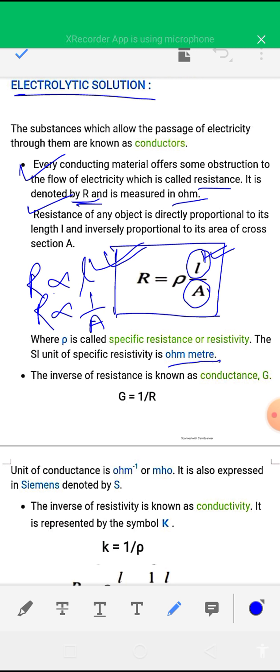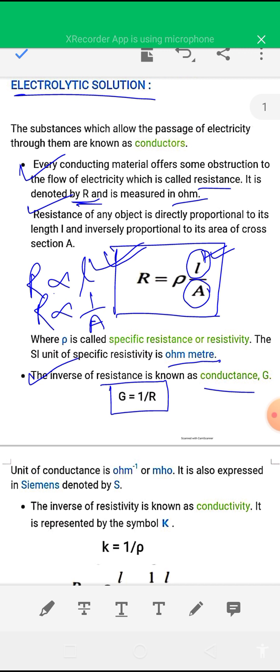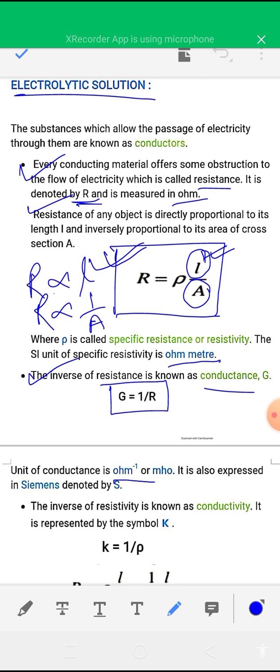Now see, what is conductance? The inverse of resistance is known as conductance. Conductance, denoted by capital G, is equal to 1 by R. The unit of conductance is ohm inverse, also written as mho.